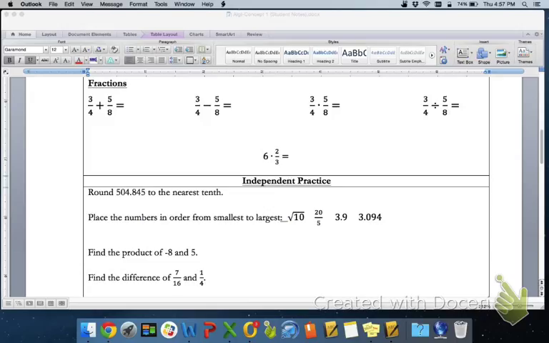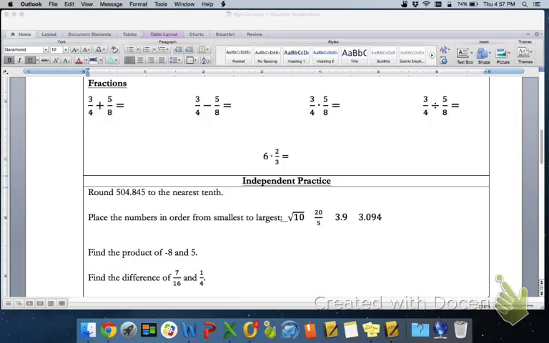Now the final thing that we want to look at is fractions and their operations. When we add and subtract fractions, what we want to do is make sure we have a common denominator. And so getting a common denominator for 4 and 8, the least common multiple of 4 and 8 is 8.